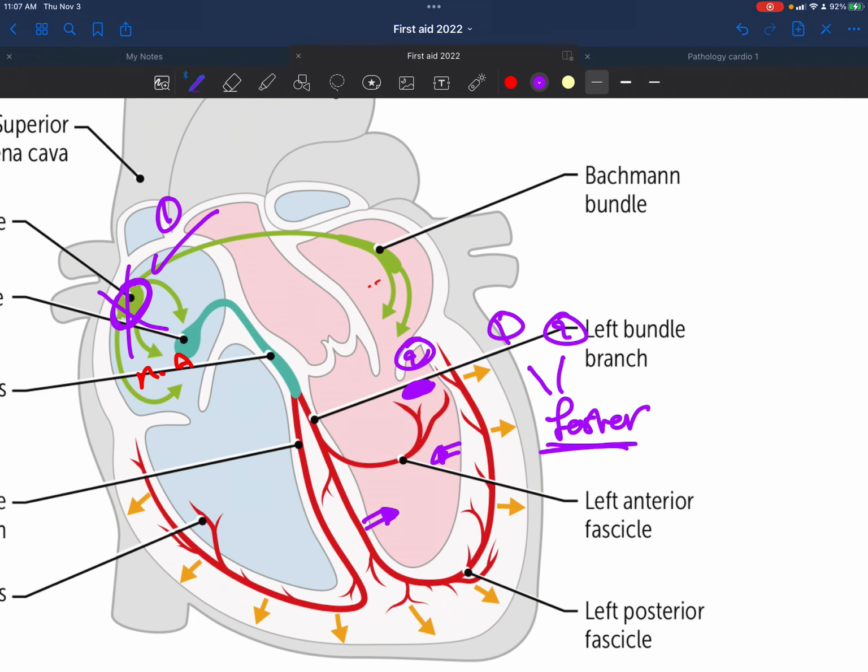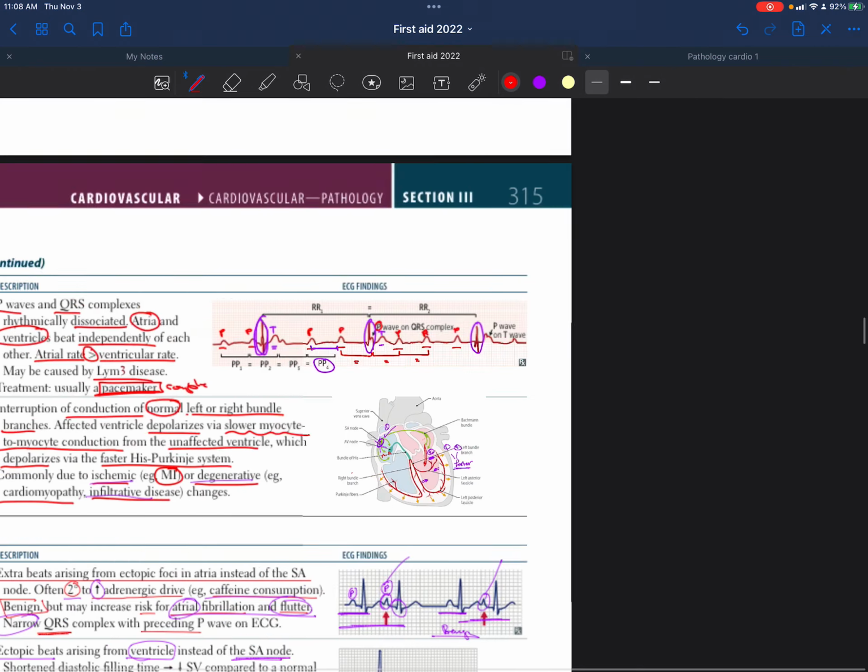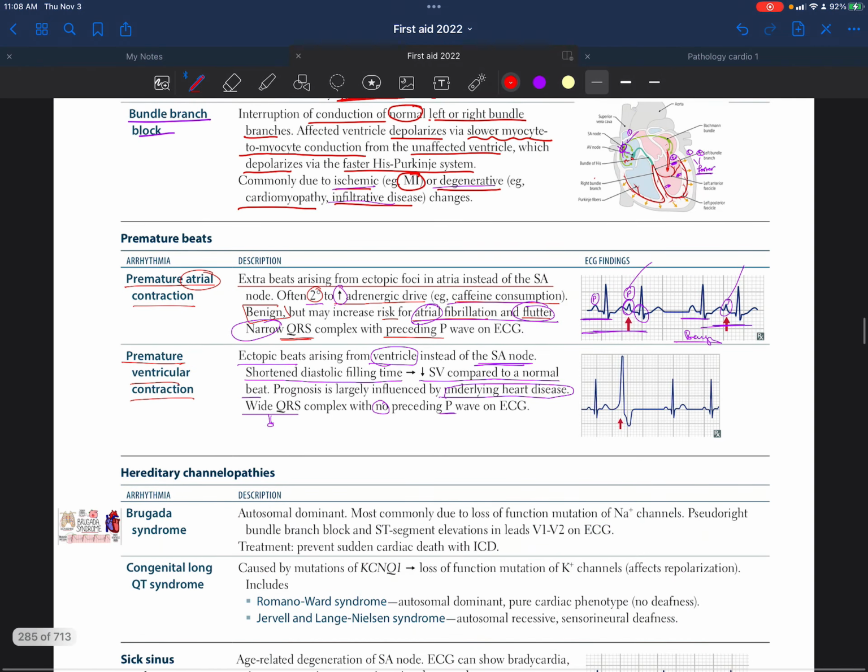and if it beats faster that means it's contracting faster. So this is the contraction phase. If it contracts faster, then it doesn't have enough time to be filled during diastole. It doesn't have enough time for the blood to flow from the atrium into it because it's already contracting too much, so it doesn't have enough space to allow that filling.